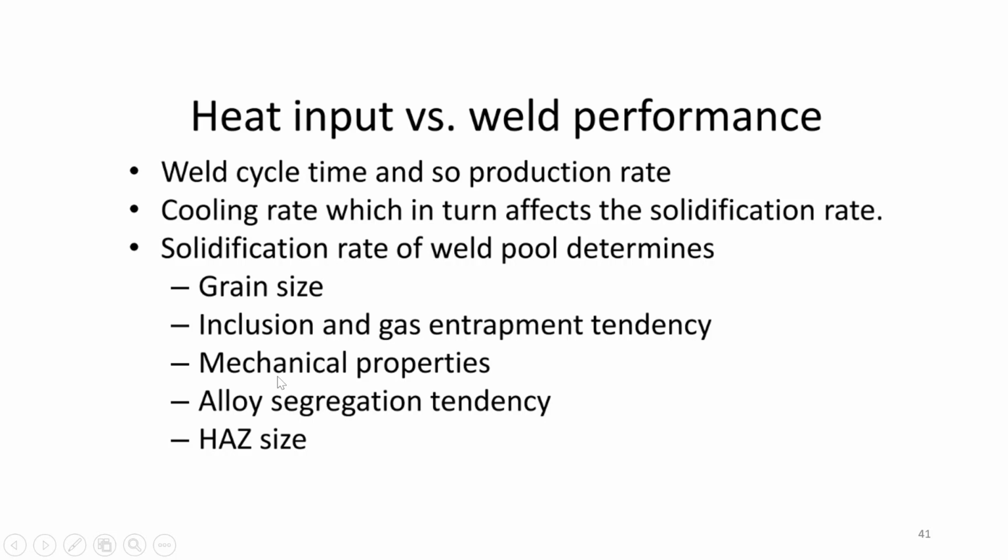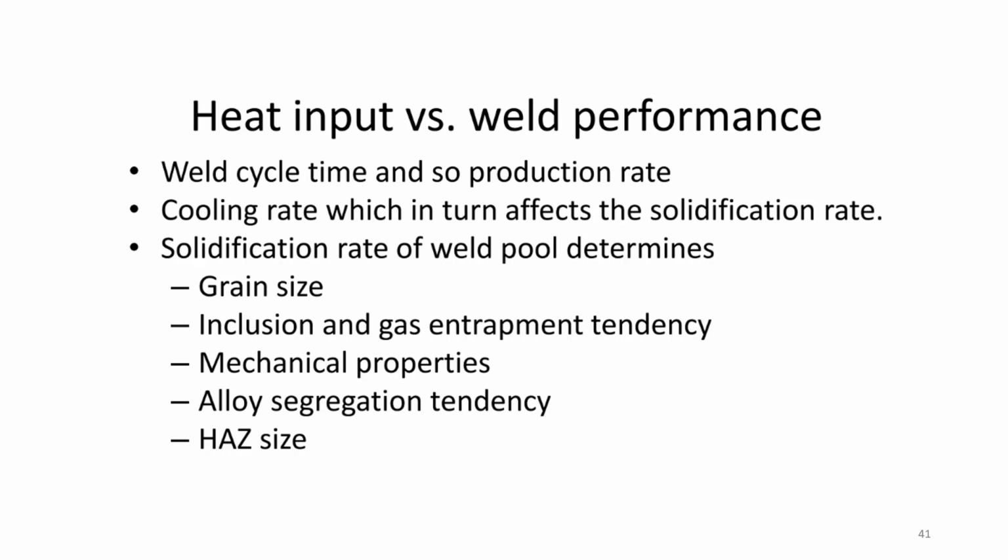Mechanical properties, inclusion. So flux is lighter compared to the molten metal, so it rises above if it has more time, but if it doesn't have more time, then it will get entrapped inside the weld. Mechanical properties will also differ depending on the solidification rate.